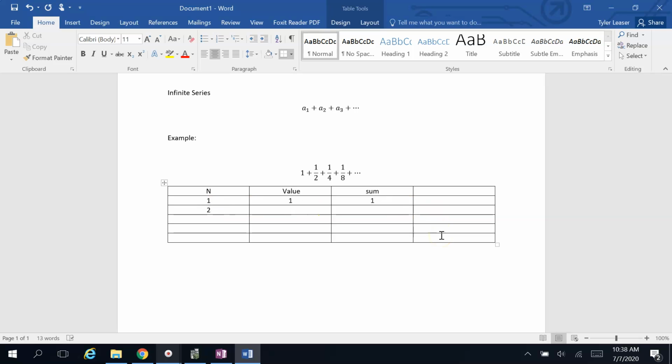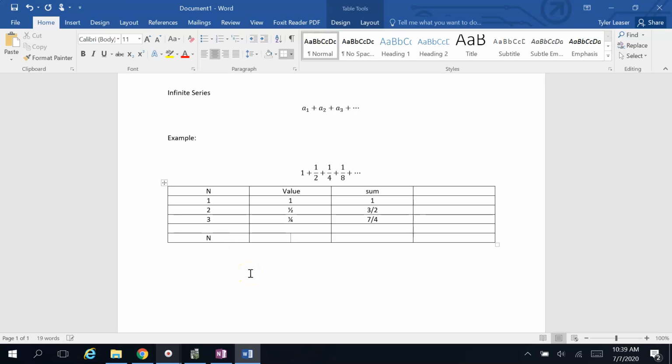The value at index 2 is going to be 1/2, which means that the sum at index 2 is 1 plus 1/2, so 3/2. At index 3, the value at index 3 is 1/4. The sum at index 3 is 1 plus 1/2 plus 1/4, which is 7/4.